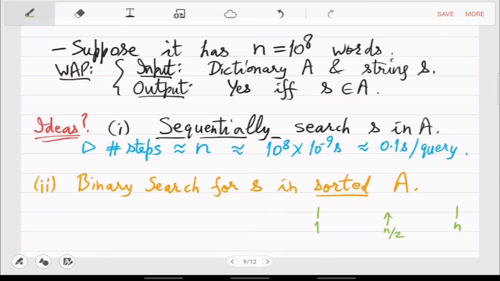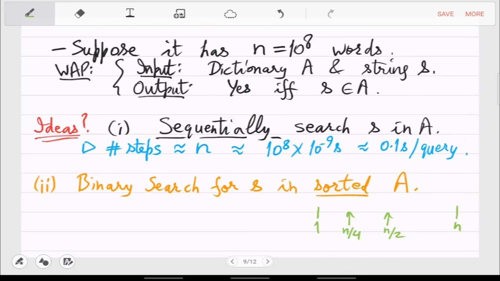If you don't have a match, then you at least have a bit of information that S is either on the left, either it is in the first half or the second half. So suppose it is in the first half, so then you can go to this midpoint, right, and so on.